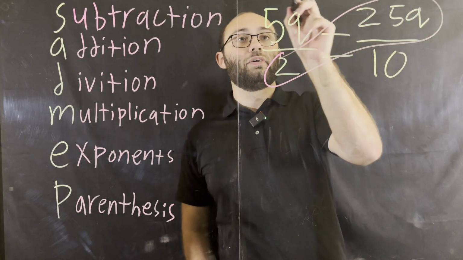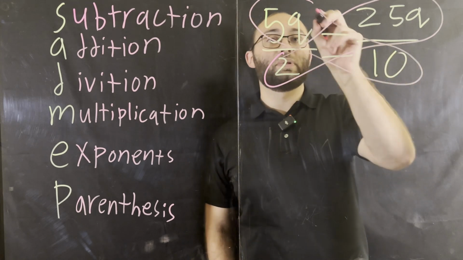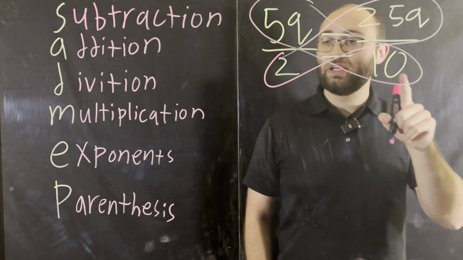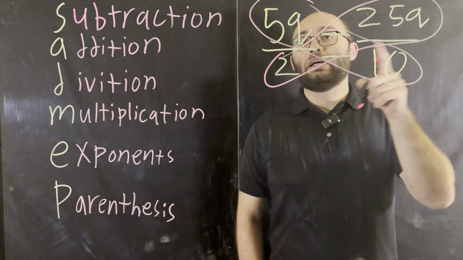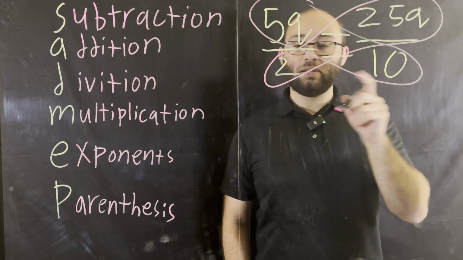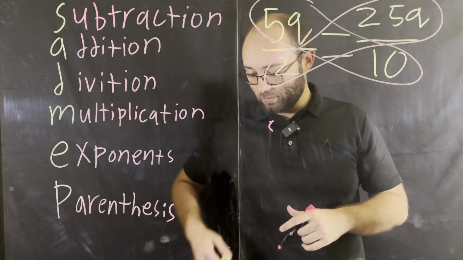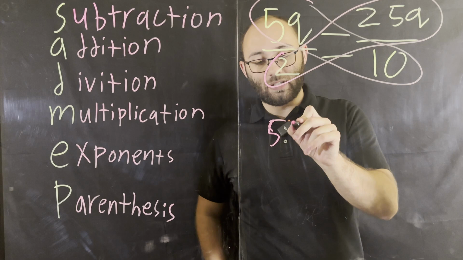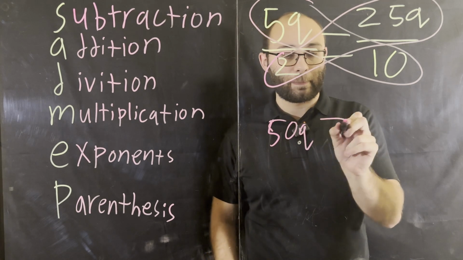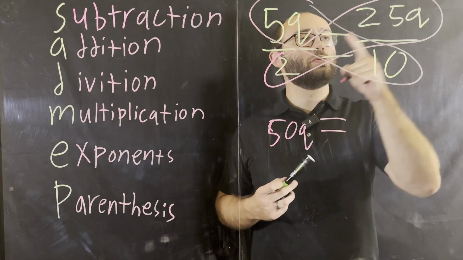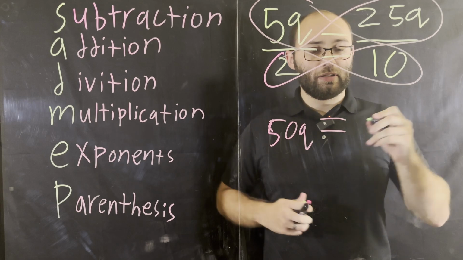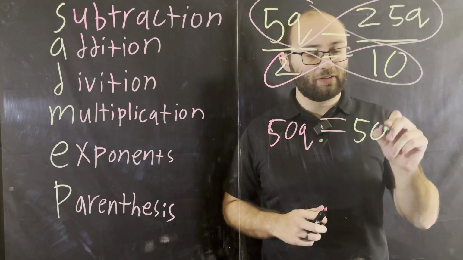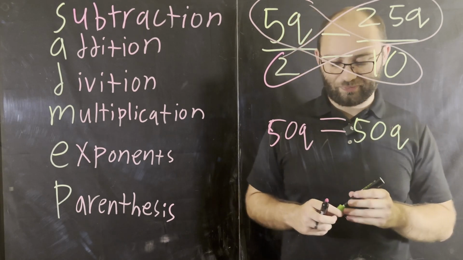where I multiply this top by this bottom and this bottom by this top. So I'll get 5q times 10, which is 50q. And then over here I'll get 2 times 25q, which also happens to be 50q.